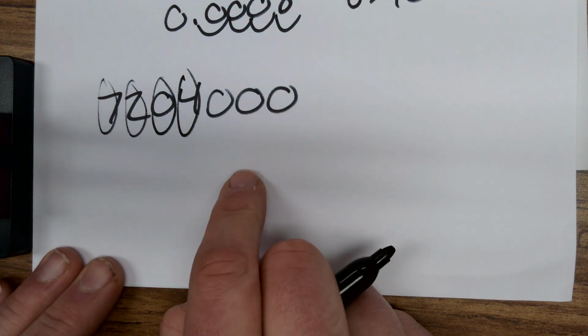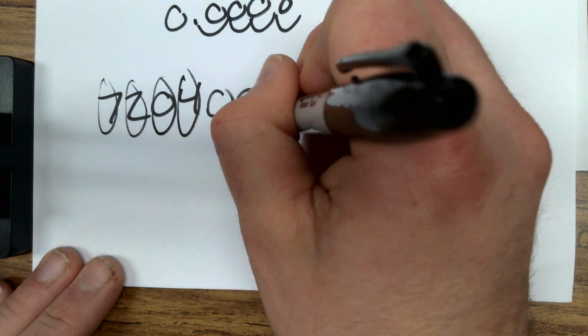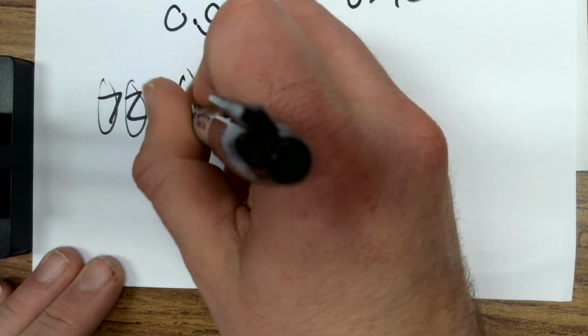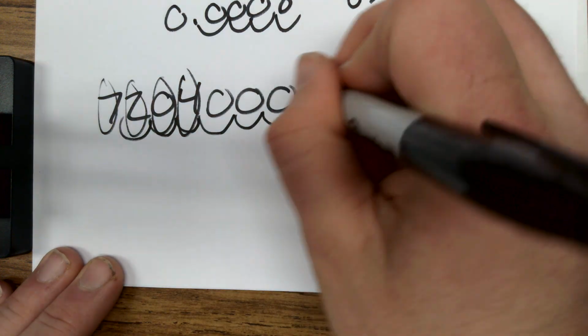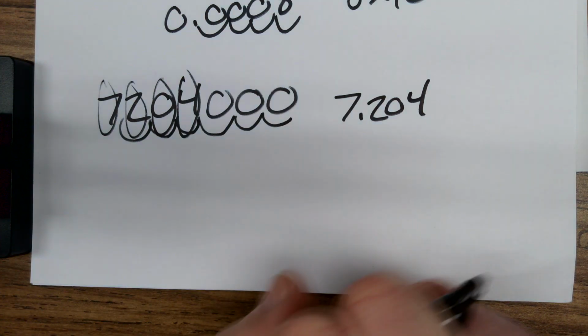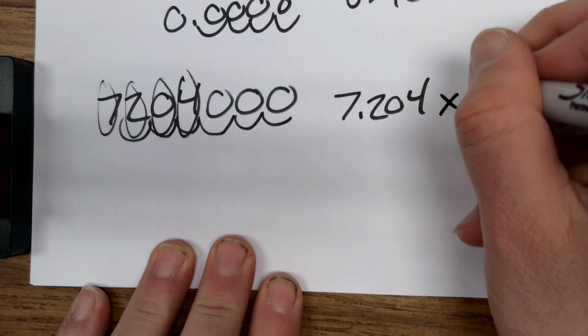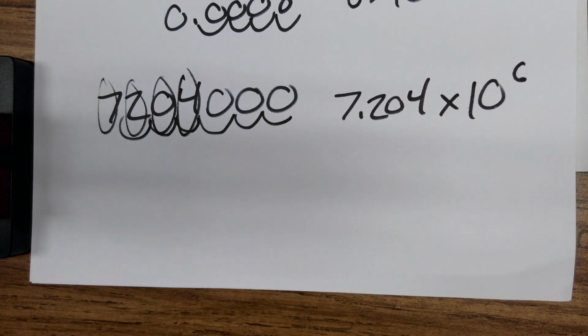So these zeros don't count. So still moving my decimal place. 1, 2, 3, 4, 5, 6. 7.204. Because the point of scientific notation is trimming out all the stuff I don't need. I would stop writing there. Times 10 to the power of 6.